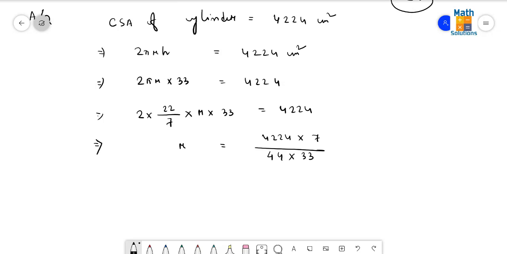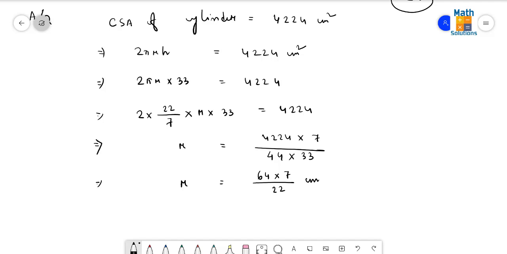After cancellation we shall be getting the reduced format. r will be equal to 64 into 7 divided by 22 centimeter. So value of r we are getting like this.